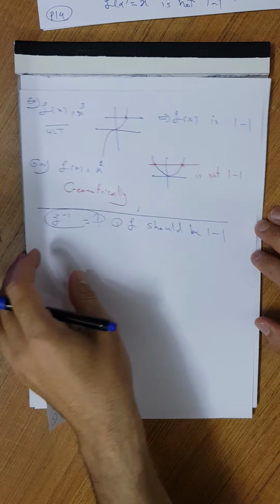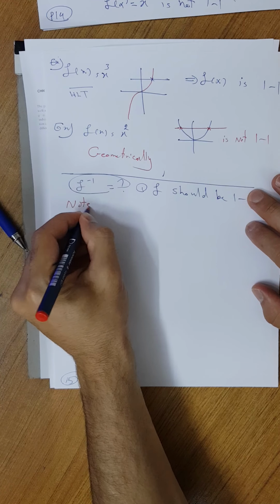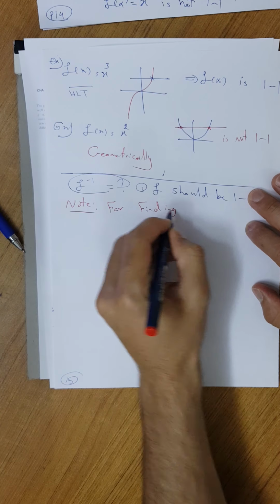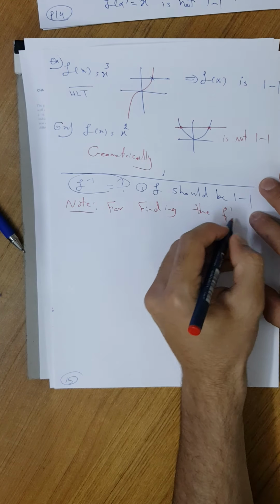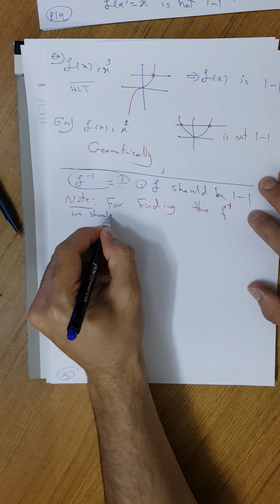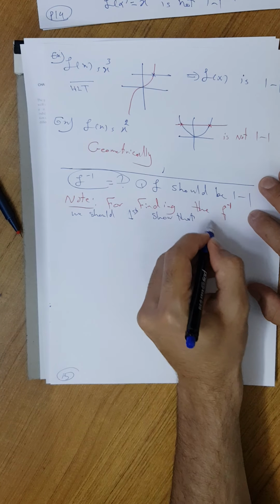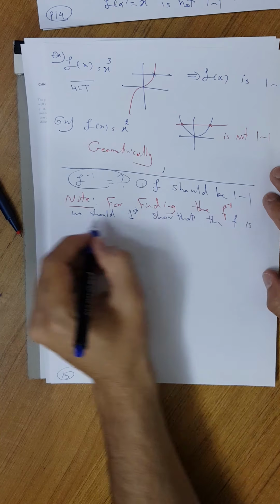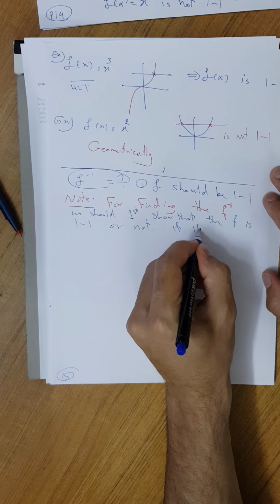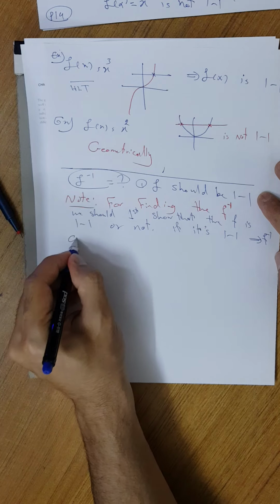Now, this is the note for finding the inverse. We should first show whether the function is one-to-one or not. If it's one-to-one, then find f inverse.